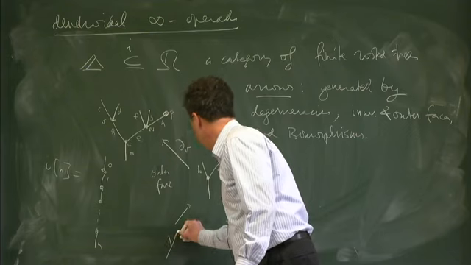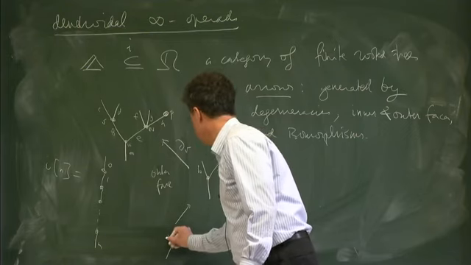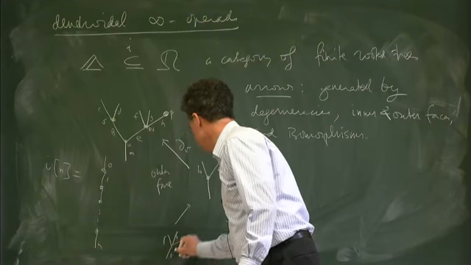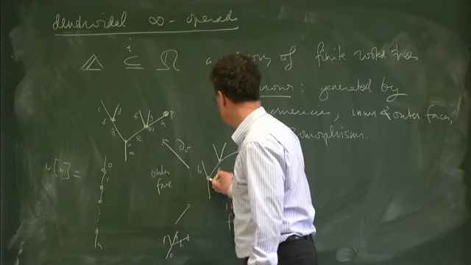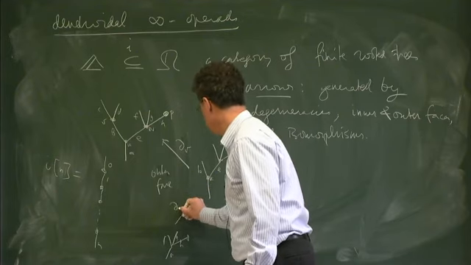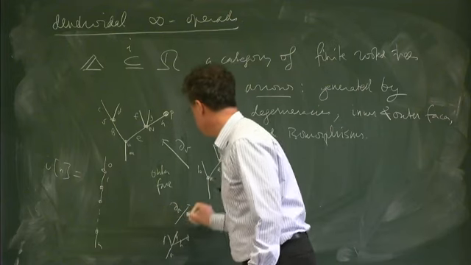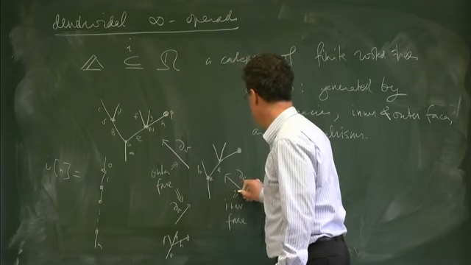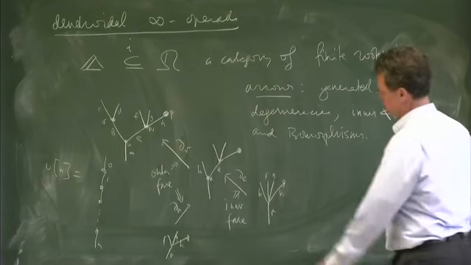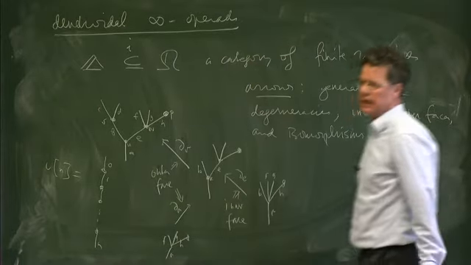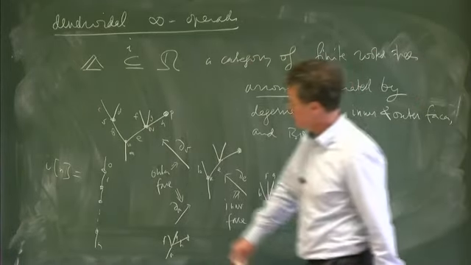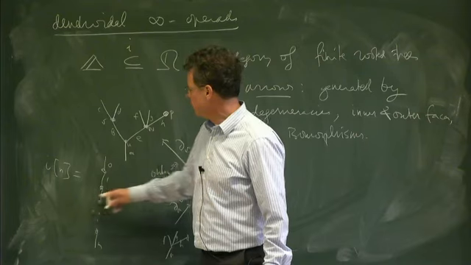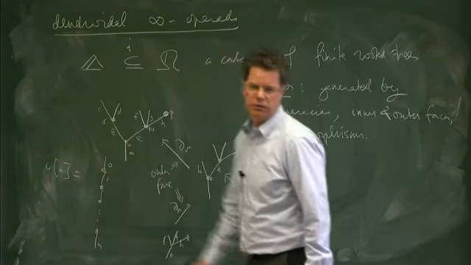E, F, G, H, A, delta U, or maybe delta A. So there's also an outer face, outer face, outer face, inner face. And if you draw these pictures for a linear tree, you will recover exactly the usual simplicial faces, where the outer faces are d0 and dn, and the inner faces delete one of the edges in the middle, but you can think of that as contracting that edge.